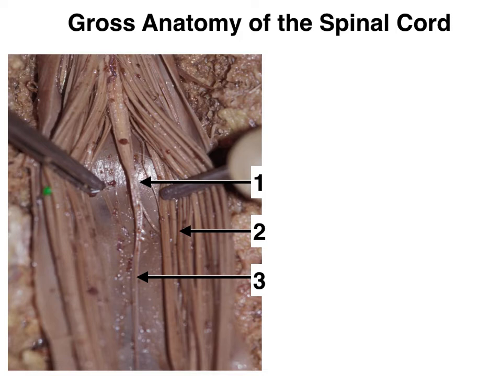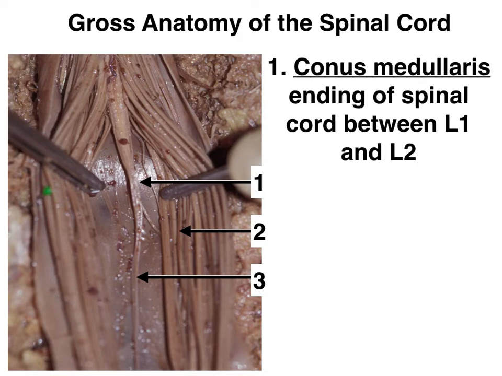This is called the conus medullaris, and this should be the very tip end of the spinal cord, which usually occurs between lumbar vertebra number 1 and lumbar vertebra number 2. So between L1 and L2 is where we find the ending of the spinal cord, and the appearance caused somebody to name it the conus medullaris.